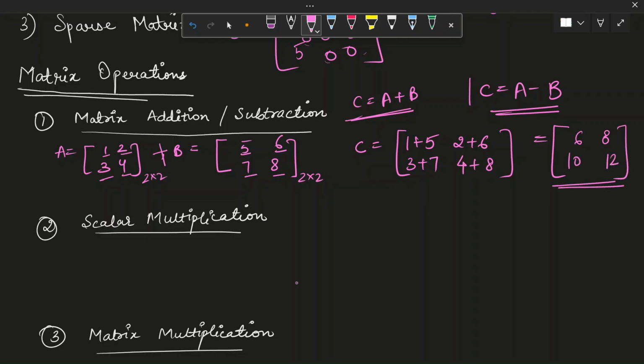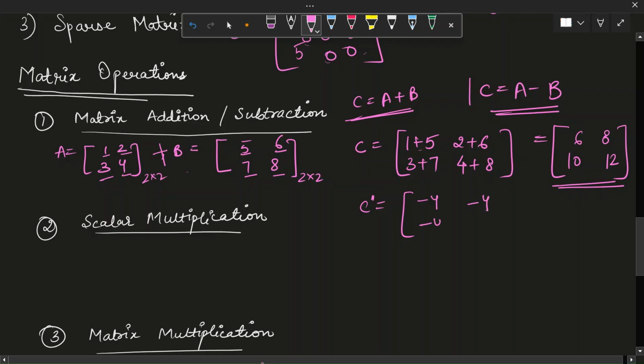That's how you perform subtraction also. If we had to perform subtraction over this, then instead of adding these corresponding elements, we would have subtracted them. And let's say it is C dash, and 1 minus 5 would be minus 4. It would again be minus 4. All the elements would be minus 4.